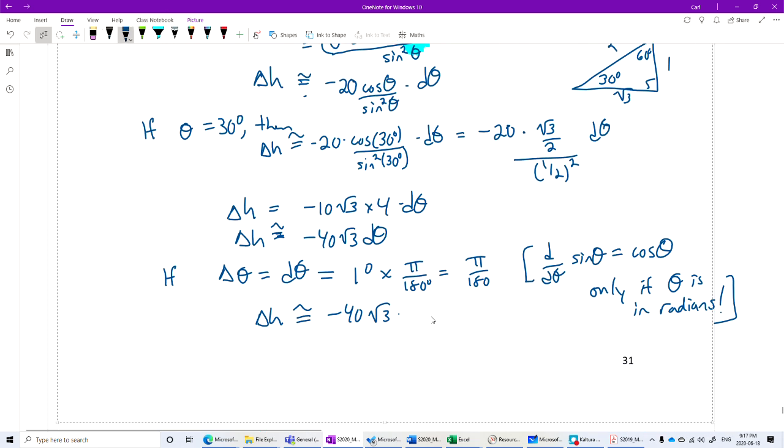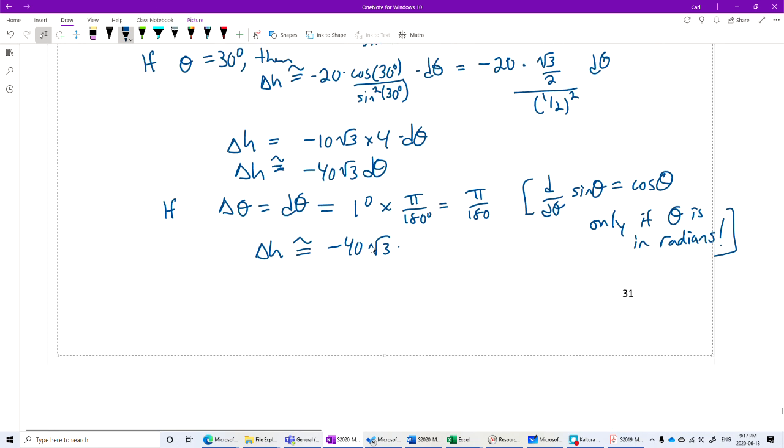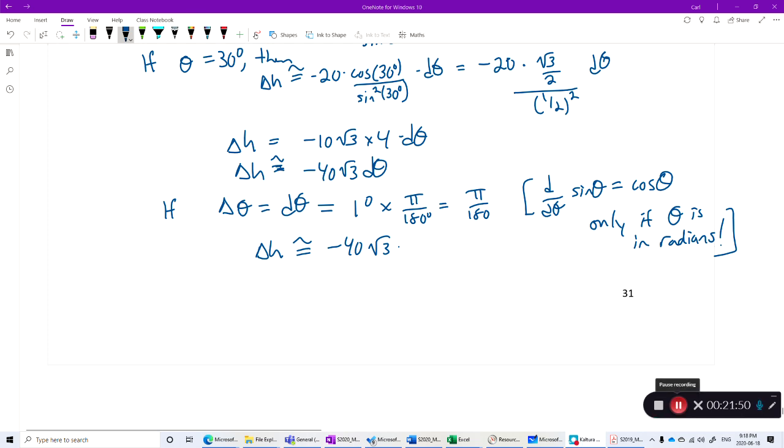So here we are. That's going to be pi over 180 there. And what do I get? Minus 40 times square root of 3 times pi divided by 180.